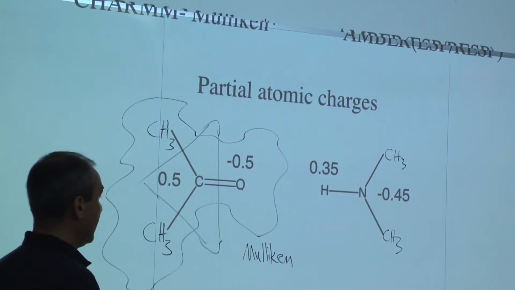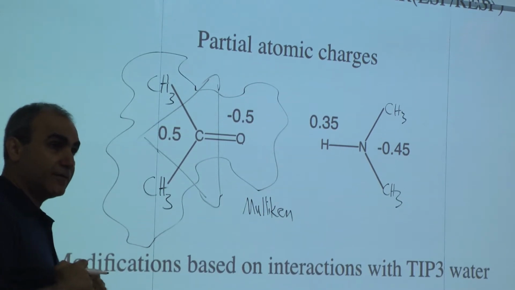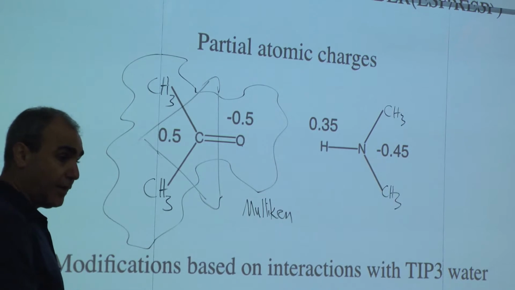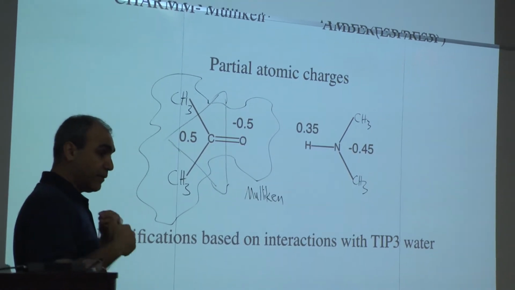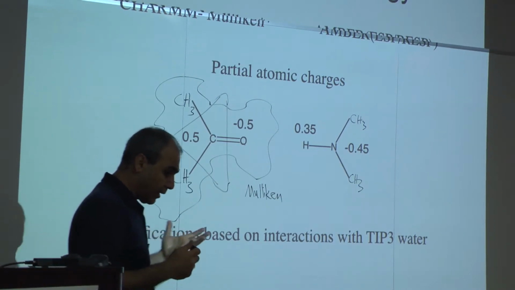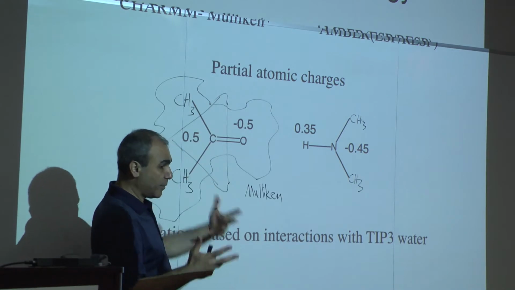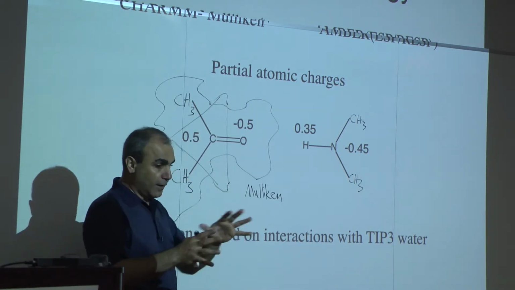In CHARMM, Martin Karplus got the Nobel Prize for work on biomolecular simulation. Their idea 30, 35 years ago, when they published their first paper developing this force field, was that I need to describe the interaction of this moiety, this carbonyl group of my protein, for example in the backbone, with its environment.